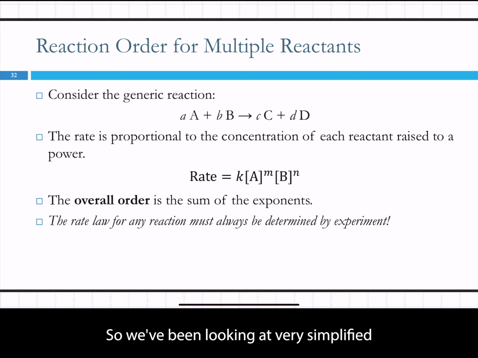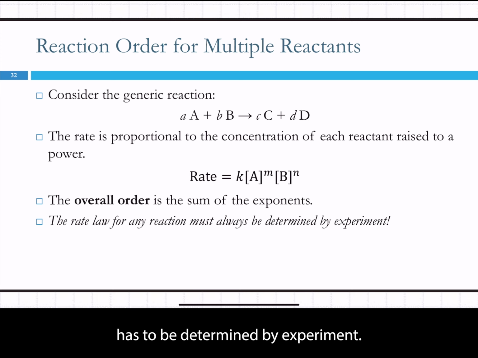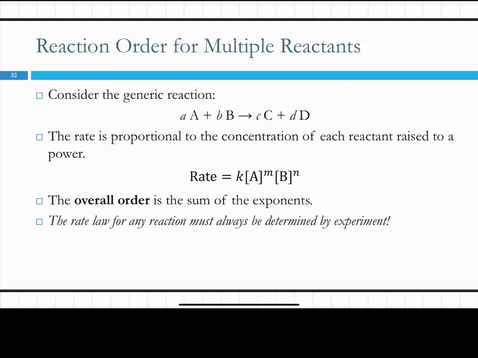So we've been looking at very simplified versions of the rates where we only have a single reactant. Most of the time you have more than one reactant. And again, the rate order has to be determined by experiment. I can't really draw any information from my equation, the balanced chemical equation, that is.